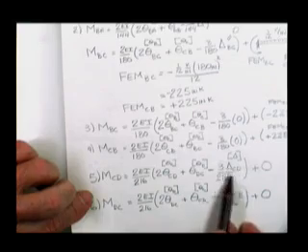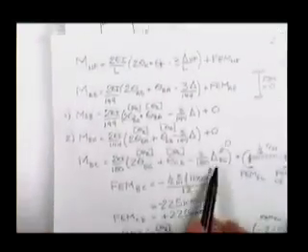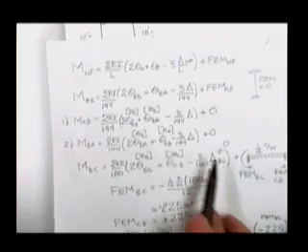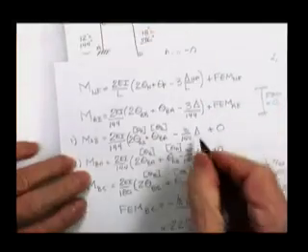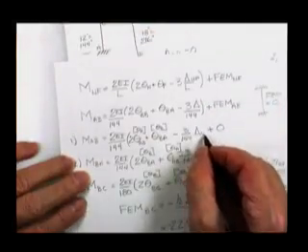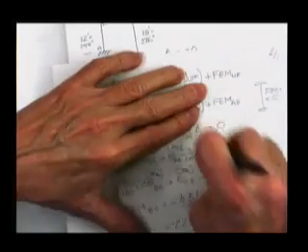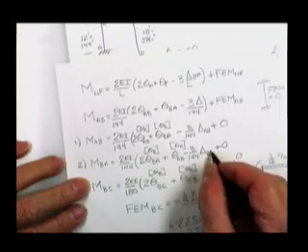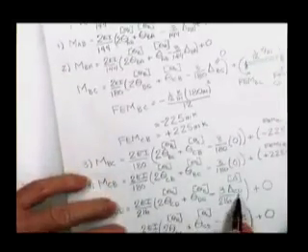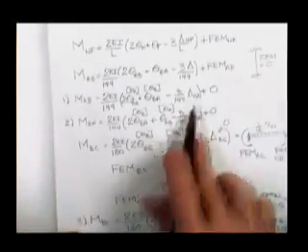This number delta CD will be the same as this number, delta AB. This number right here, delta CD, will be the same as delta AB.